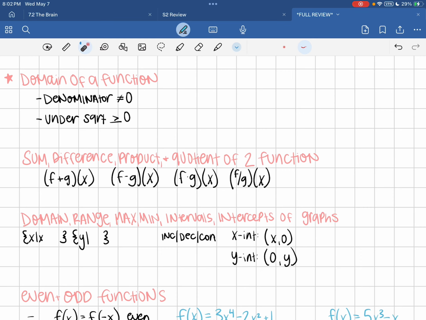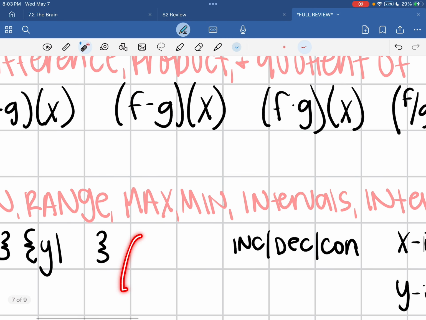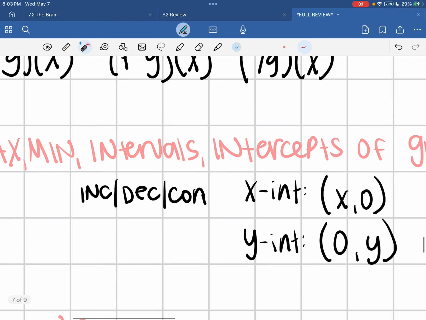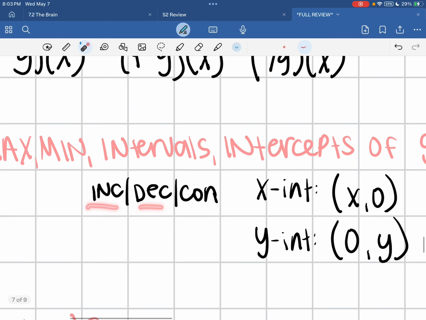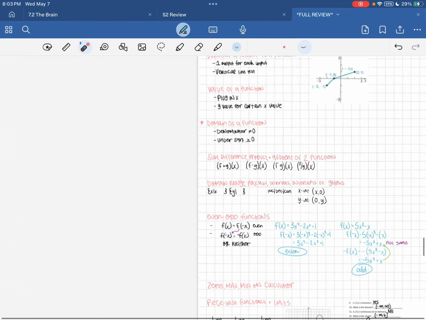Basically domain is what your x values can be, range is what your y values can be, and maxes and minimums. Intervals are whether it's increasing, decreasing, or staying the same. And then intercepts: your x-intercepts are when y equals 0, and your y-intercepts are when x equals 0.